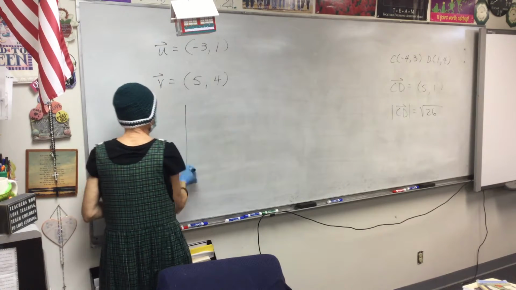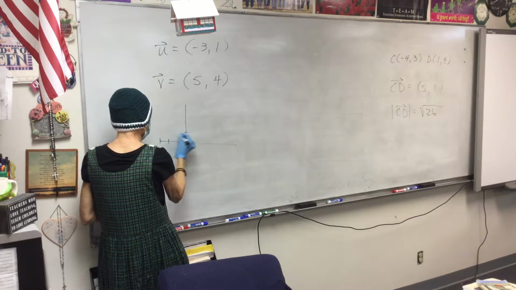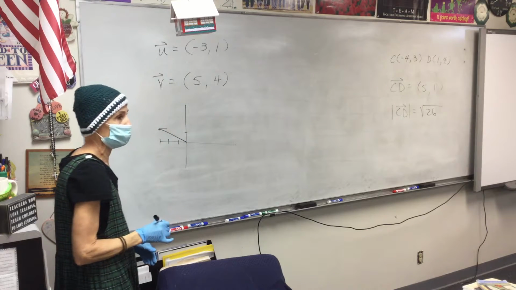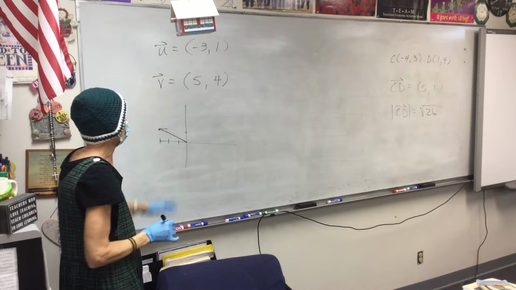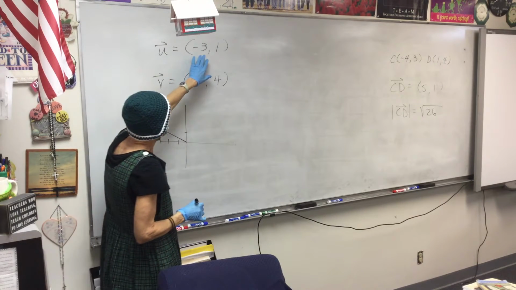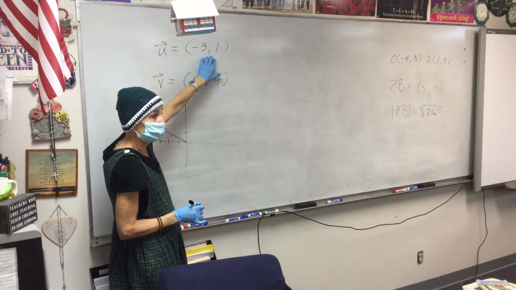So if I wanted to draw a picture of vector u, one way I could draw it would be like this. Now there are lots of ways to draw that vector, but one way would be just to start at the origin and say, okay, this guy moves left 3 and up 1.